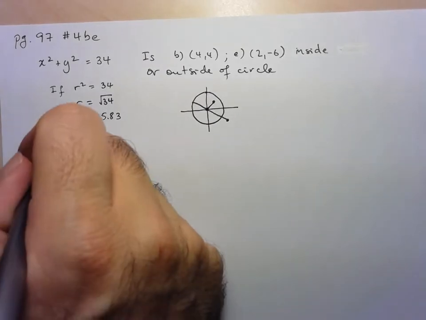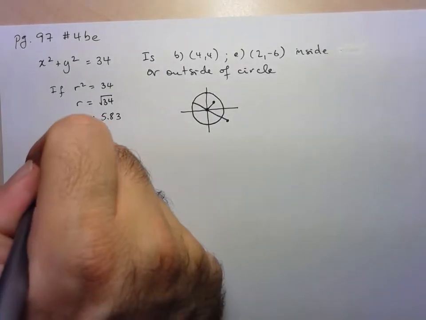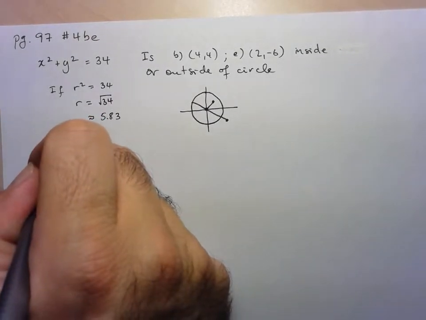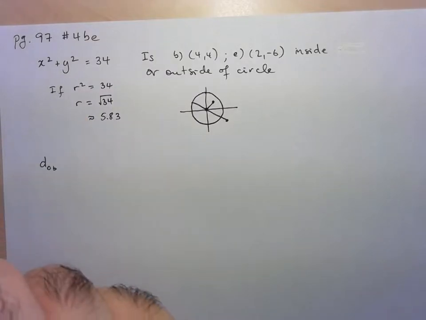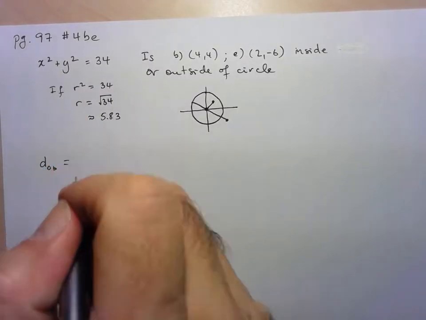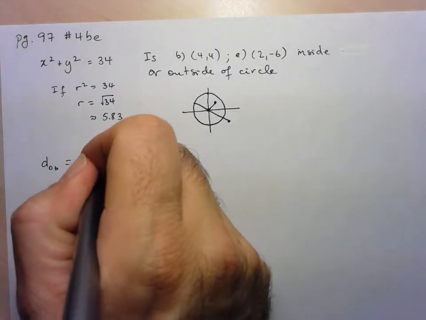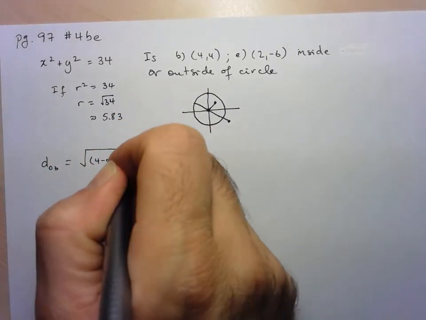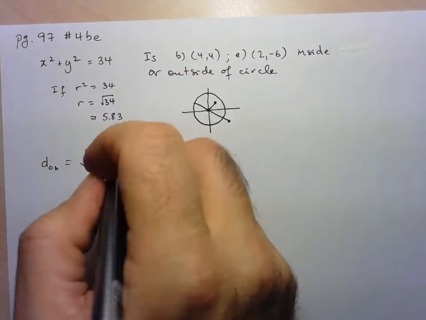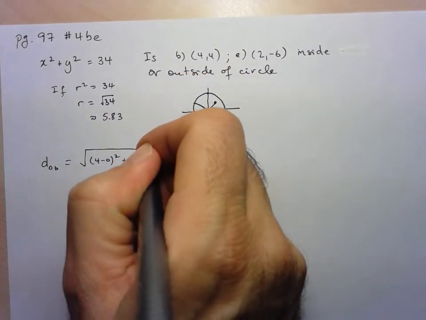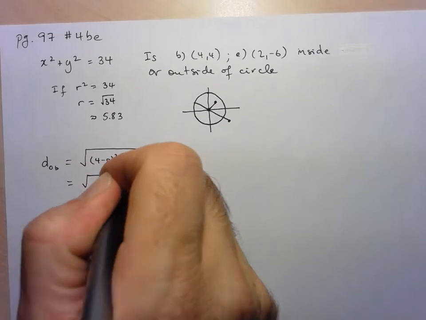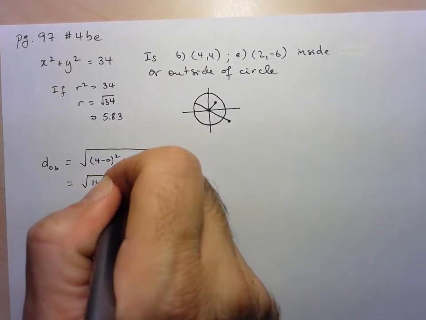Let's find the distance from the origin to point B. What's the distance formula? It's the square root of 4 minus 0 squared plus 4 minus 0 squared again. So we have 4 squared, 16, plus 16.